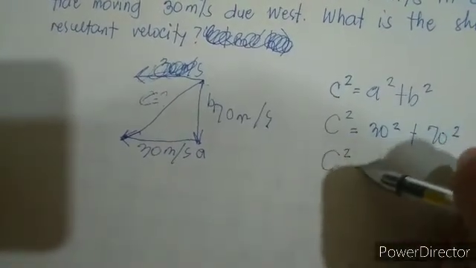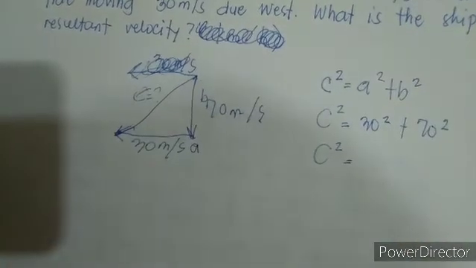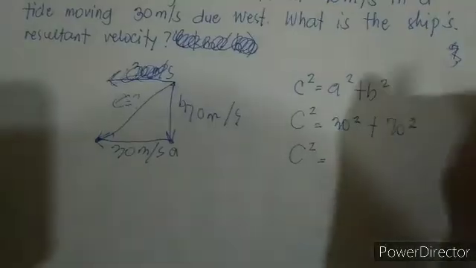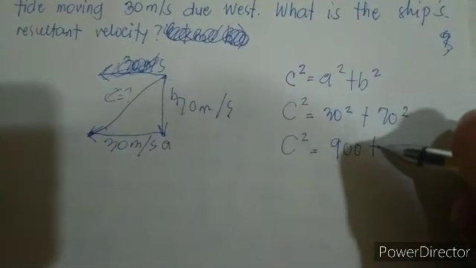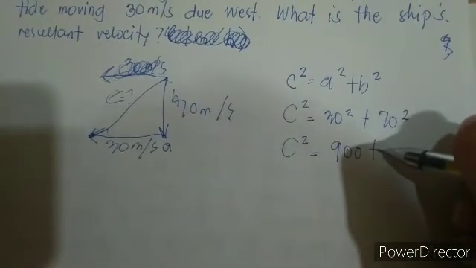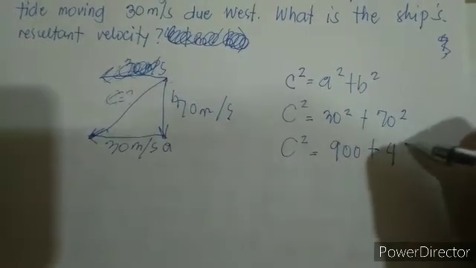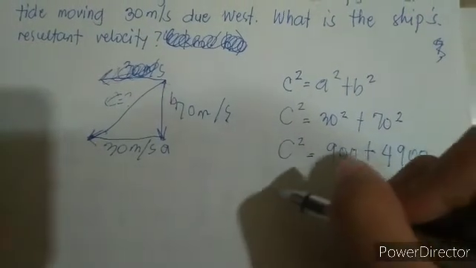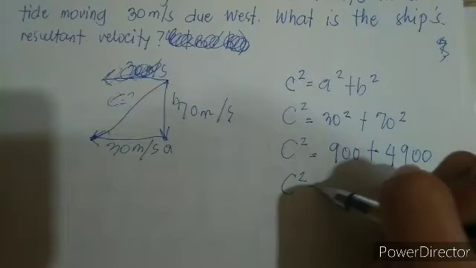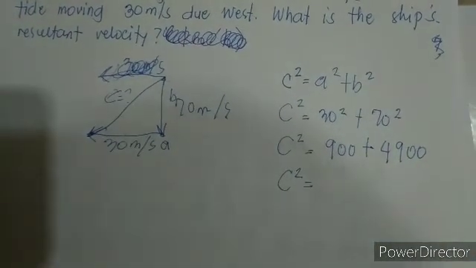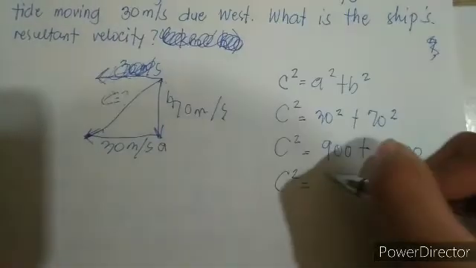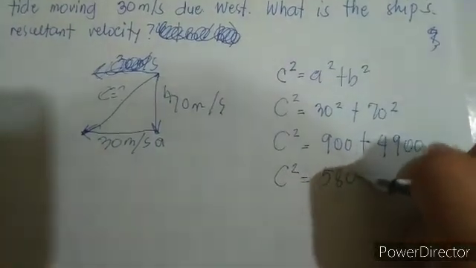C squared is equal to 30 times 30, which is 900, plus 70 times 70, which is 4,900. So let's add it: 900 plus 4,900 is equal to 5,800.